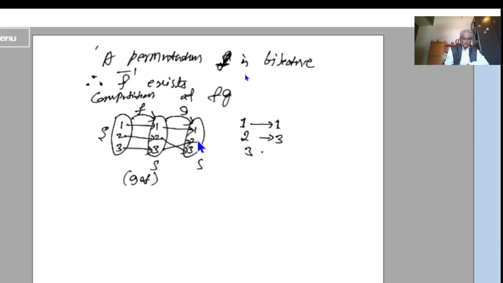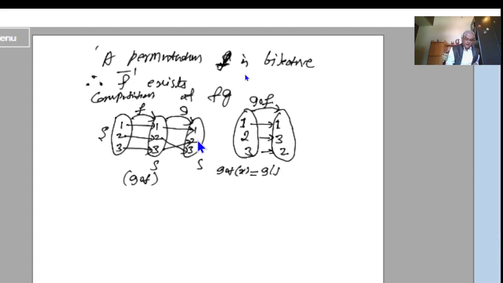So this is our G composition F, or the product of F and G. And we can write G composition F of X is equal to G of F of X.